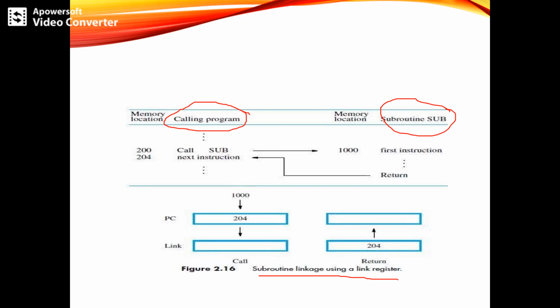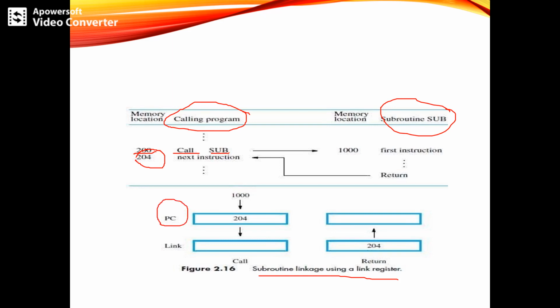At memory location 200, the main program has a call instruction to the subroutine SUB. When the call instruction is executed, the content of PC is the address after the call instruction, that is 204.